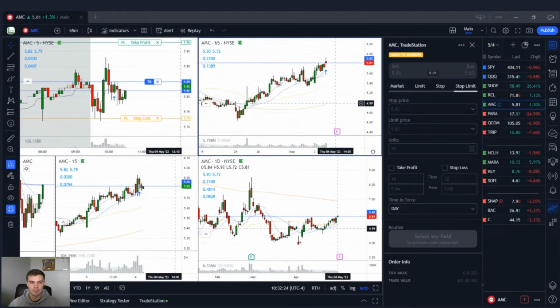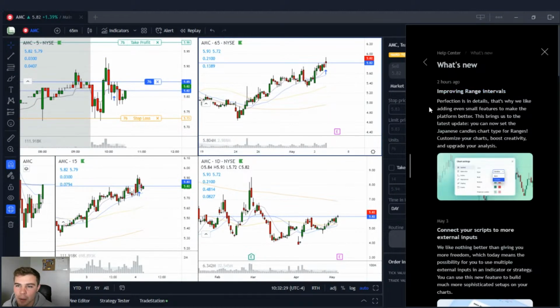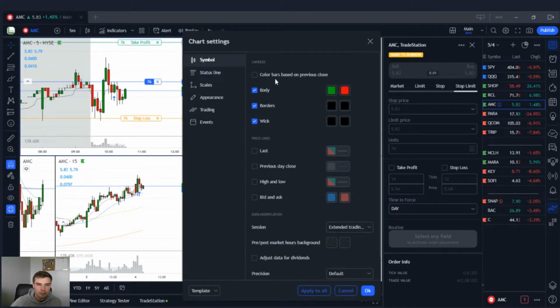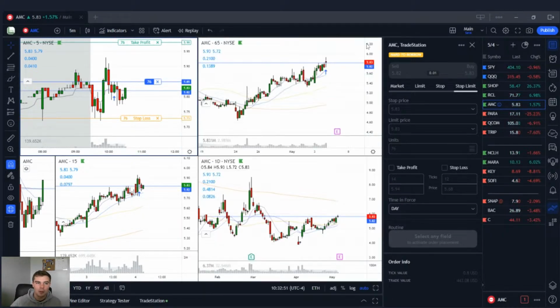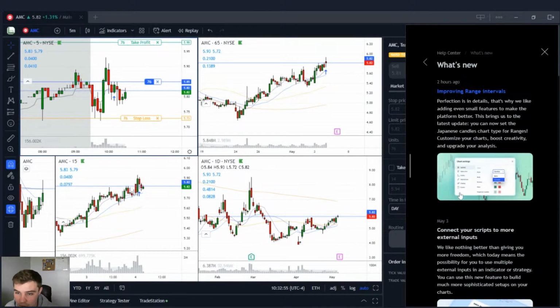Actually, there's something in the What's New section. What were they talking about? Small features. Japanese candles, chart type ranges. Let's check it out and see what this is. Chart settings.